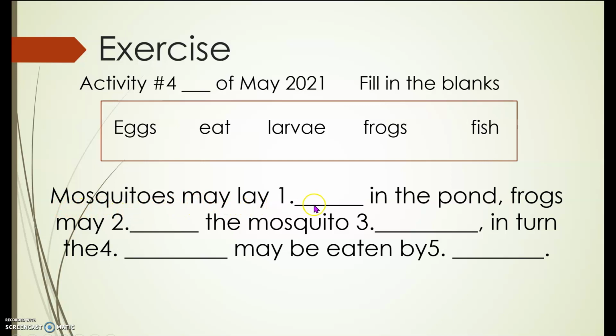Mosquitoes may lay blank in the pond. Frogs may blank the mosquito. Blank in turn, the blank may be eaten by blank. Again, mosquitoes may lay blank in the pond. Frogs may blank the mosquito. Blank in turn, the blank may be eaten by blank. Choose your answers.